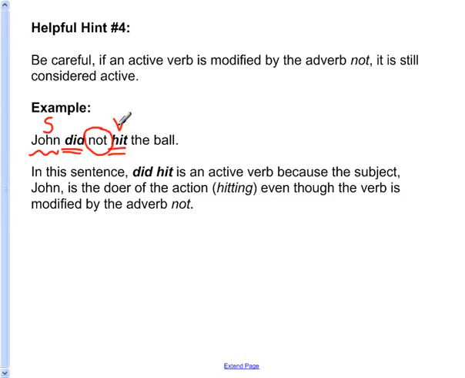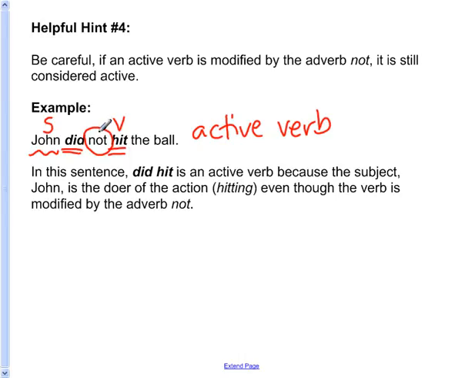So there's some hitting going on. Is John doing the hitting? Yes, the subject of the sentence is doing the hitting. So did not hit is considered an active verb. Again, even though it says not, that John is not doing any hitting.